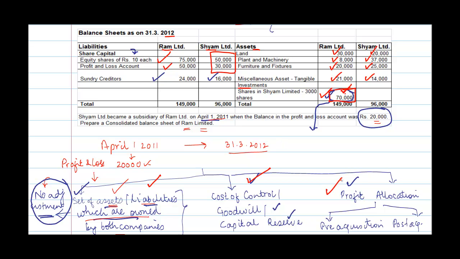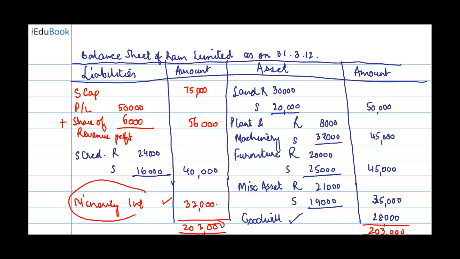Then there is a profit allocation. Whatever profits are earned by Sham Limited, the subsidiary, have to be allocated between the holding company and the minority. The interest of minority has to be reflected on the liability side. This basically comprises the share capital they own plus their share in revenue and capital profits. Once this is done, you can add on and complete the balance sheet.